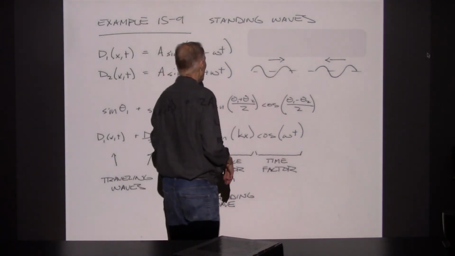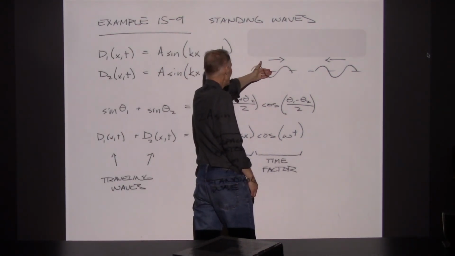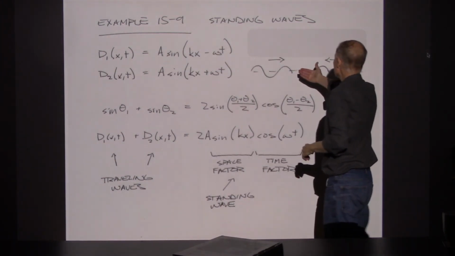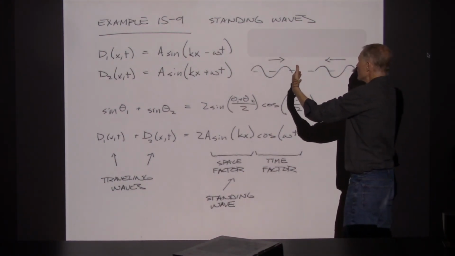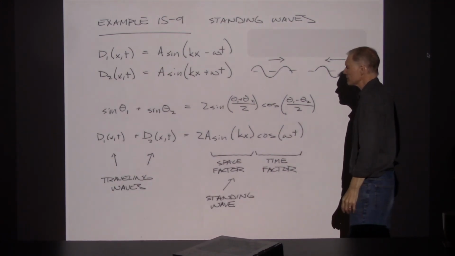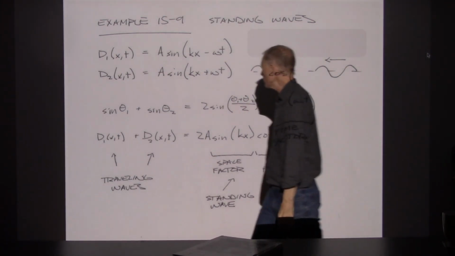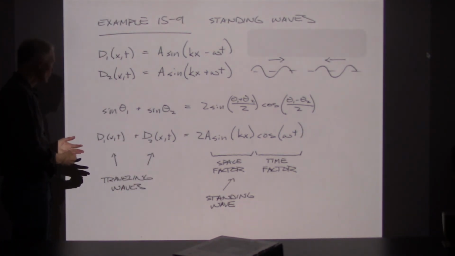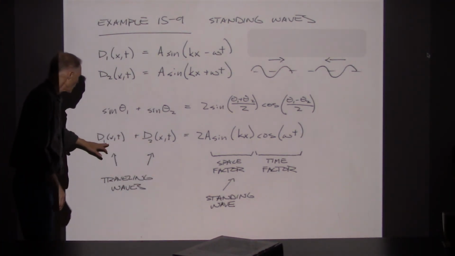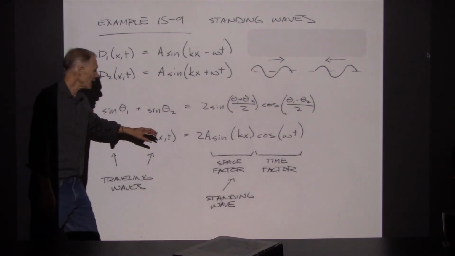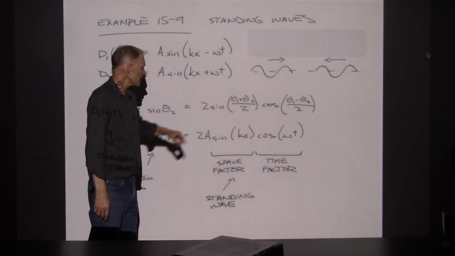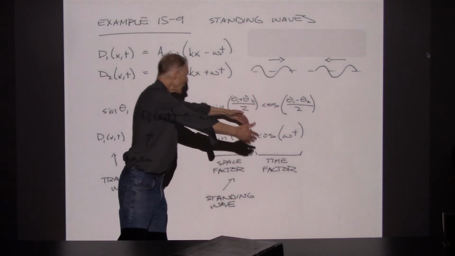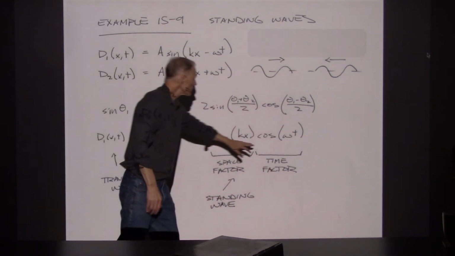If we can generate a disturbance, a wave going to the right, and create a disturbance going to the left, then we can create both at the same time, and that's the equivalent of a standing wave. So we do have a wave speed associated with the standing wave. We've added these two together, and this is what's happening on the standing wave. The space factor now is separate from the time factor.